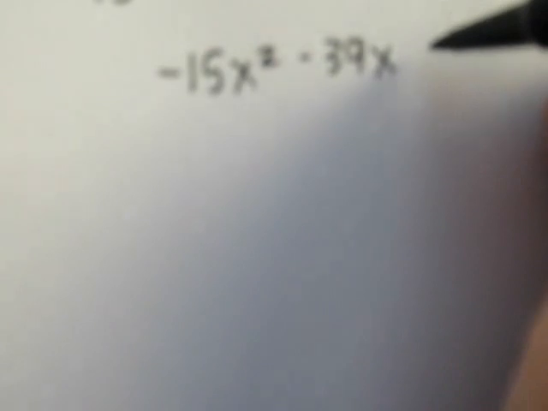And if I multiply that, it gives me 13, which gives me negative 6. If I multiply that, it gives me 2 and 0. So I found another factor, and now I have my quadratic, which is negative 15x squared minus 39x minus 6.